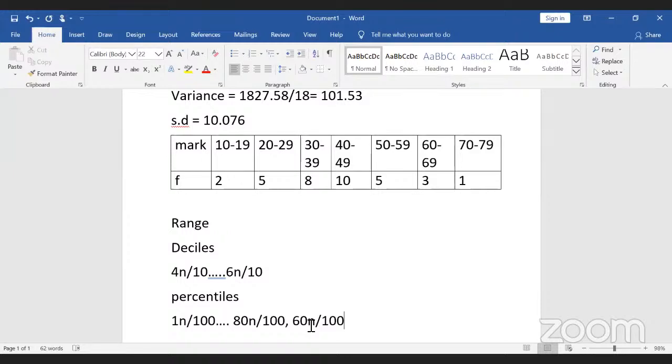That is range. So range is the difference between the highest score and the least score. Maybe I can, let me see if there is something I can share on that.